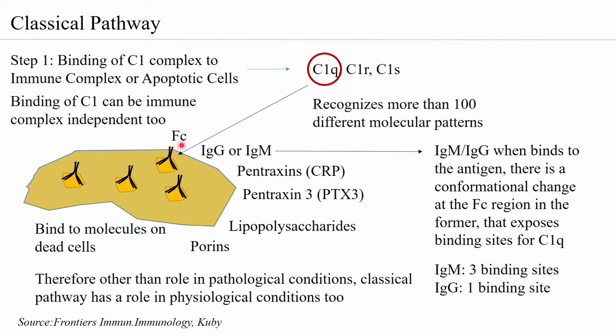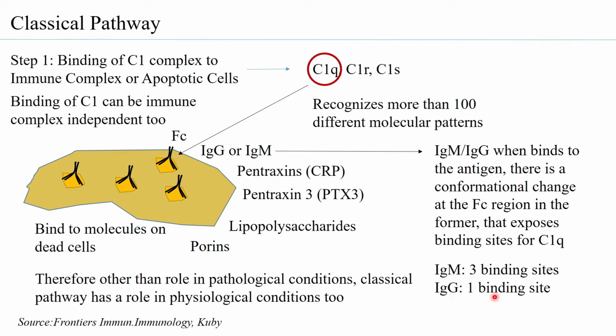The Fc region, on changing its conformation, exposes binding sites for the C1q. What has been observed is that if you have an IgM, then there are three binding sites that are exposed, and so you can have C1q binding to three sites on IgM, while in IgG there is only one binding site in the Fc region.